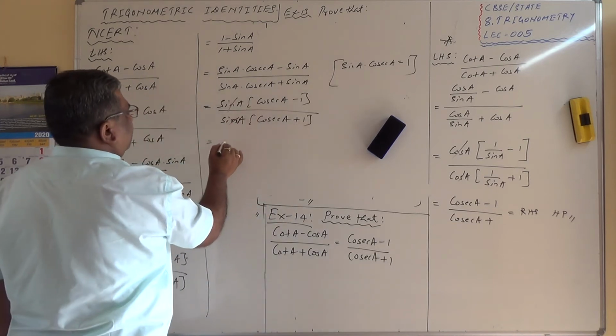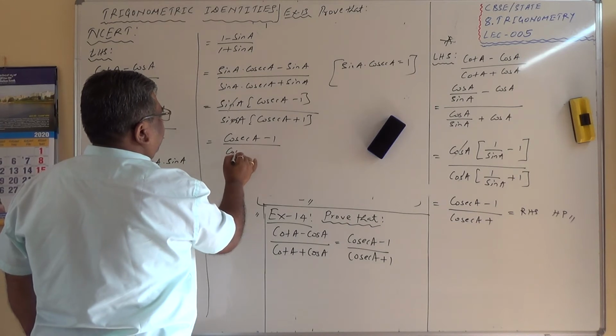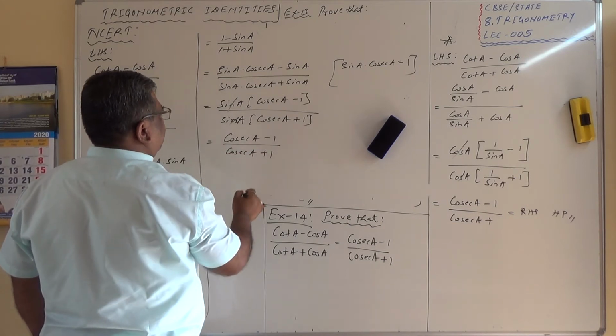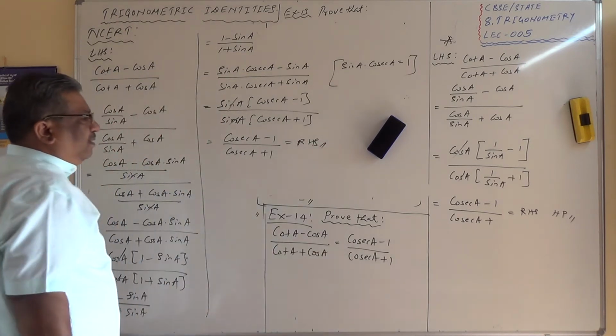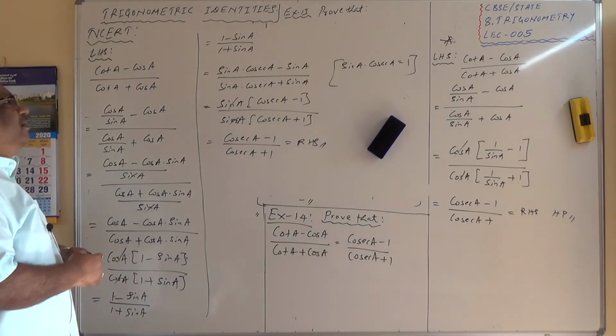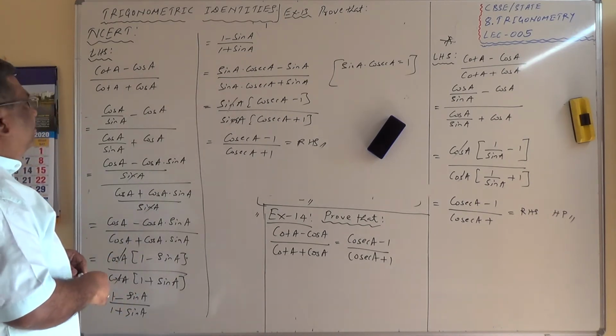This will cancel, which is (cosec A minus 1) divided by (cosec A plus 1), which is RHS. Hence proved.